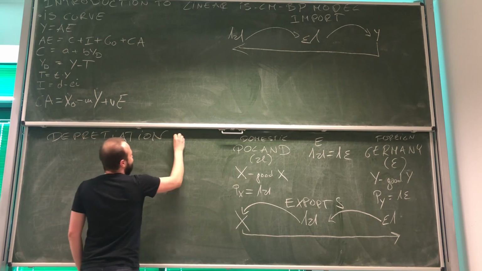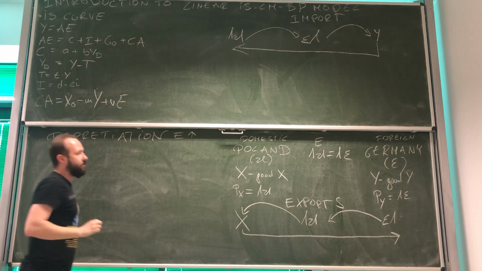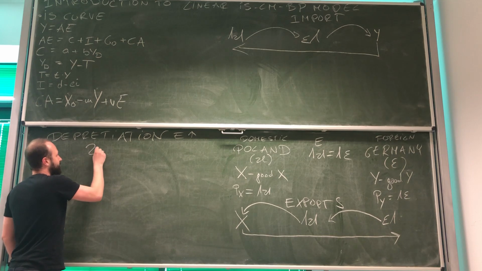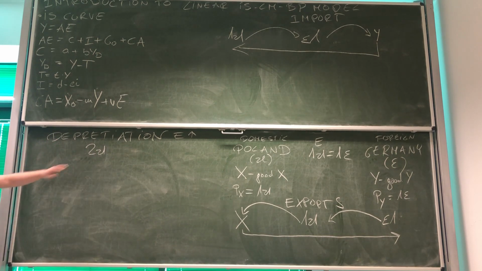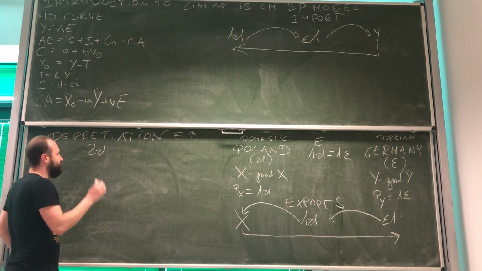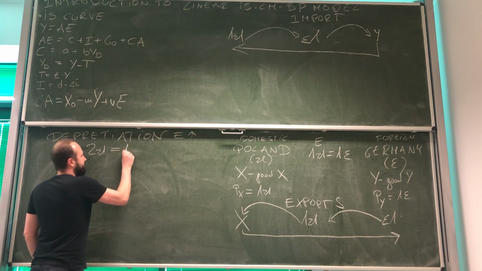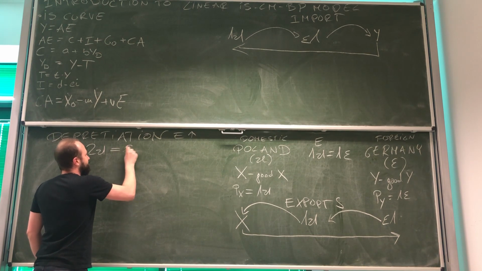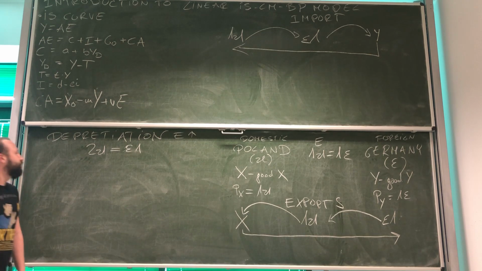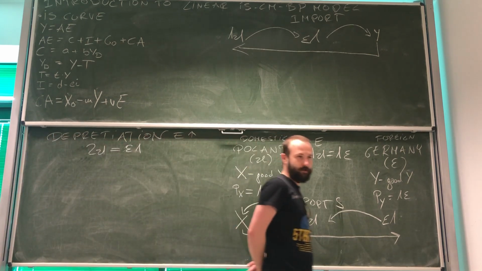Which means, of course, that E goes up. What does it mean? Of course, we all consider it from the perspective of Poland. So look, now, a person from Poland, in order to exchange, for example, to get 1 euro, we need to pay 2 zloty, right?